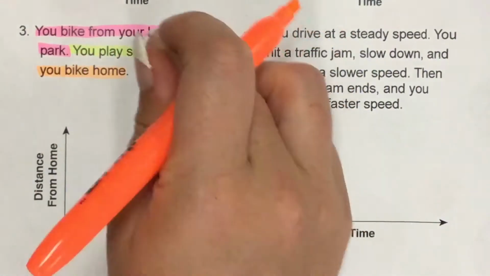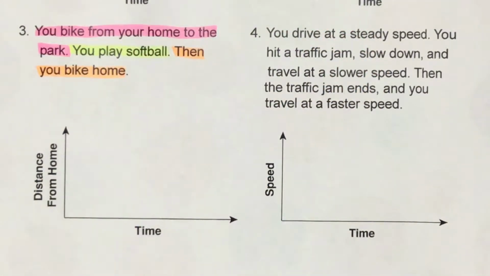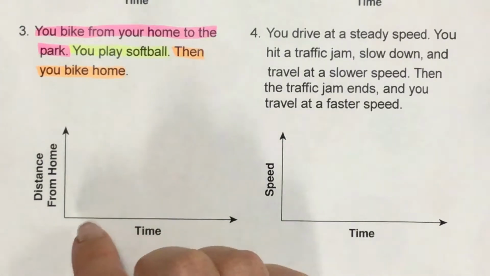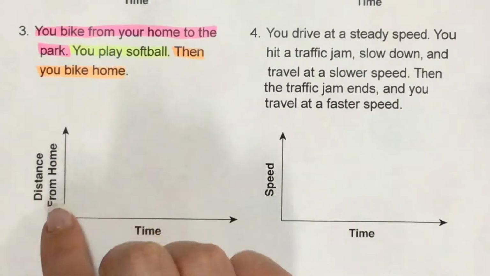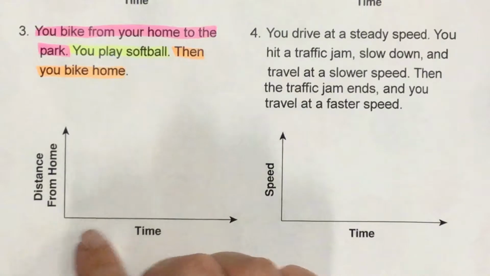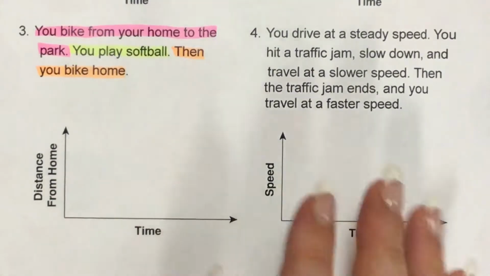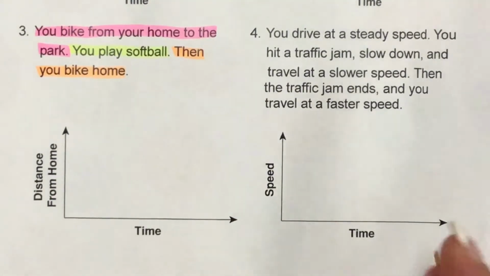So in our graph, we're going to have 3 different segments. So this x-axis represents time, and the y-axis represents the distance from the home. Now, we don't know how much time and really don't know actual distance, and that's okay because this is just a model, like a general model. It's not really super specific at this point.